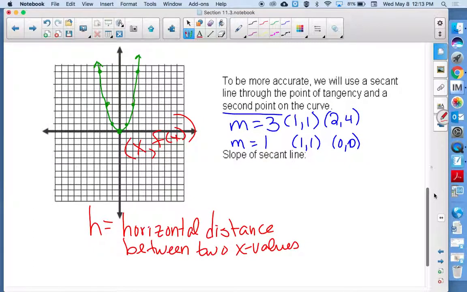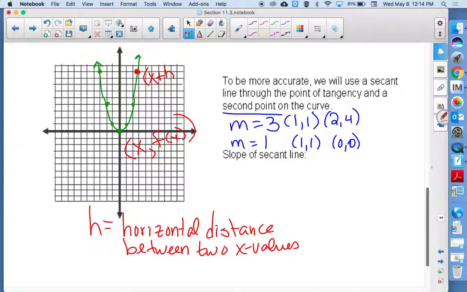Because I'm going now in general, if I have a point at (0, 0) and I move some horizontal distance h to get to the next point, I would take my current x and add that distance of h to get to that next horizontal point. So this point up here is going to represent x plus h, because I'm moving over horizontally some h distance.